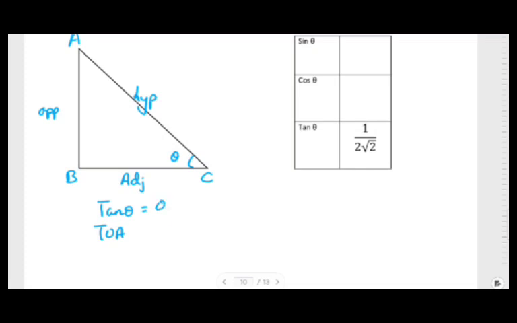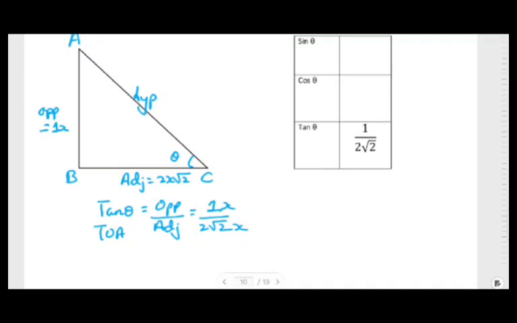So opposite upon adjacent. What's my opposite? The value is 1 upon 2 root 2. So my opposite is 1x. My adjacent is 2x root 2.